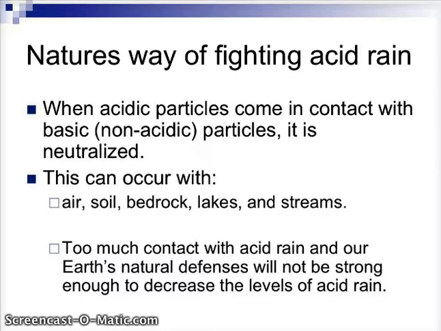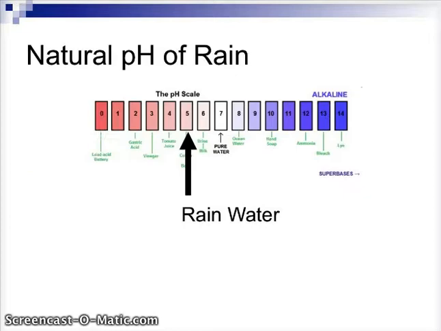We could think of a common substance on the beach like a shell. A shell is made of calcium carbonate, which is a great natural defender to acid rain. So when acid rain hits a shell, it would neutralize it. It would break it down and bring it more to that pH of 7, which would be great.